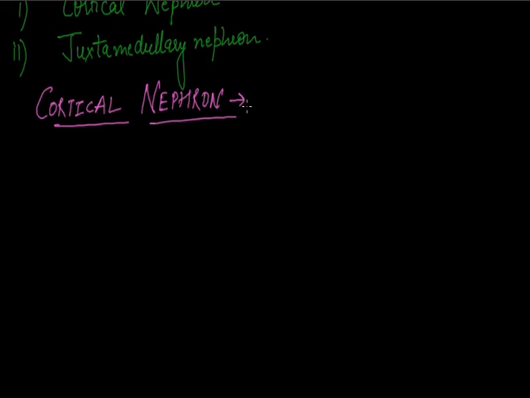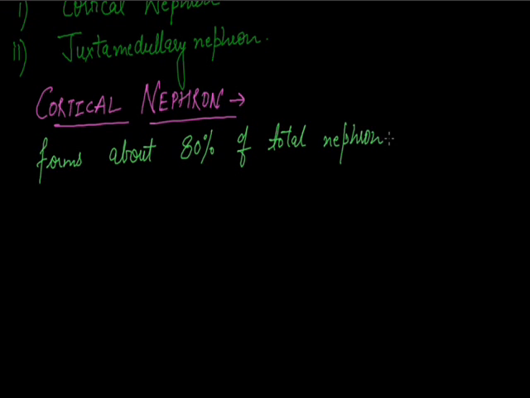Cortical nephron forms about 80% of total nephron.